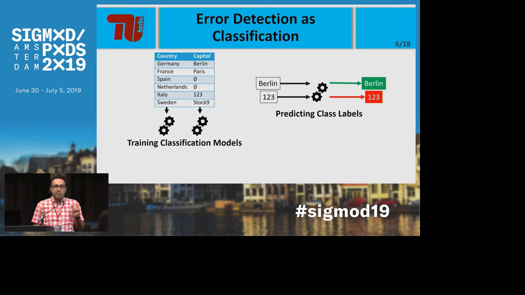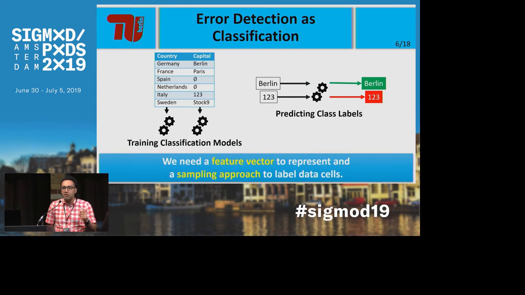So as you can imagine, we have to address two important research questions here. We first need to featurize our data values, because the classifier can only understand features, not the values. And also, we need to develop a sampling approach, because the classifier needs some data cells in our data set to be labeled by the user.